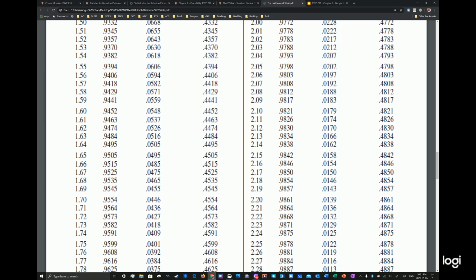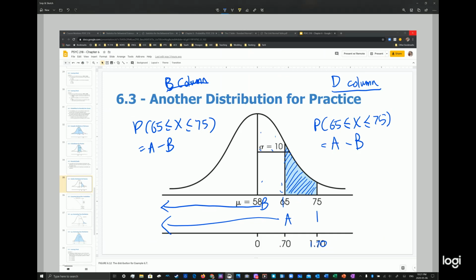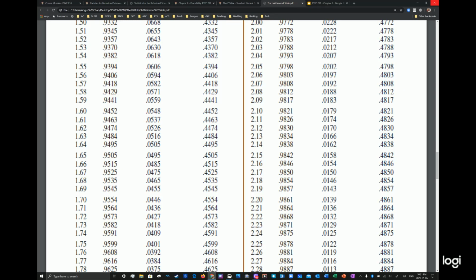And that gives us, in column D, 0.4554. Okay, minus. I'm going to save time, I can also look at column B as well. Column B gives us 0.9554.